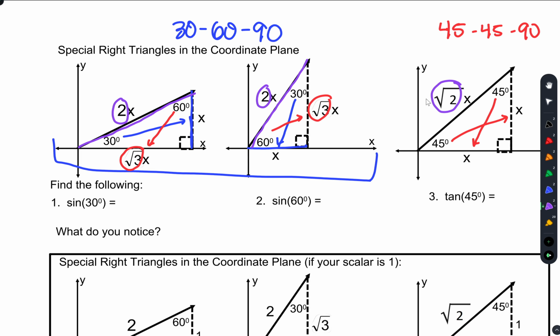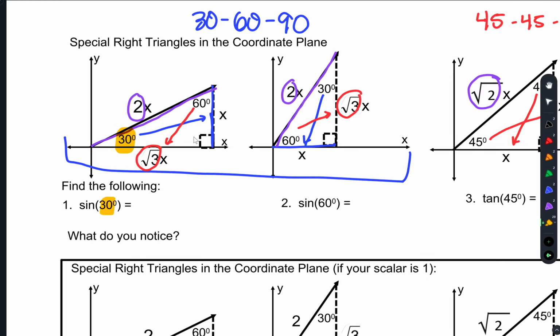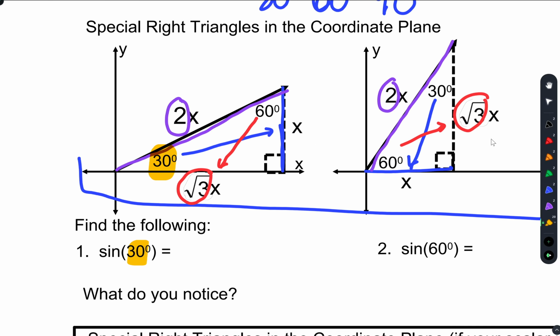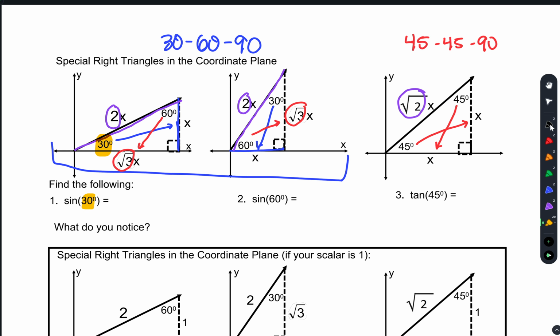Now, we're going to talk about sine, cosine, and tangent, and we're going to do these without calculators. So it's going to be a little bit tricky here, but we're going to figure it out quickly, I think. So sine of 30. Remember, the angle that's next to the trig name tells us what angle we should start focusing on. So there's my 30-degree angle in this example. Sine of 30, if I'm talking about sine, I'm thinking SOHCAHTOA.